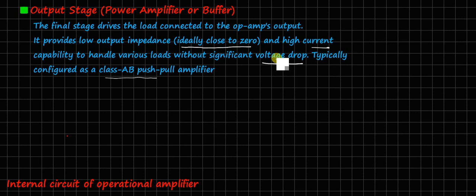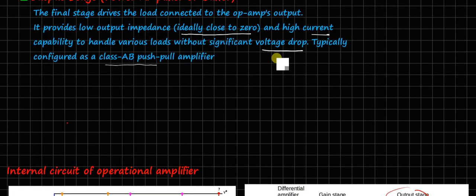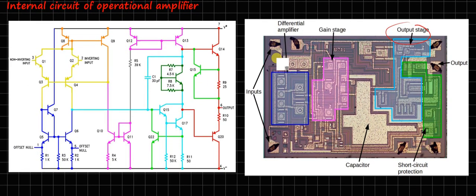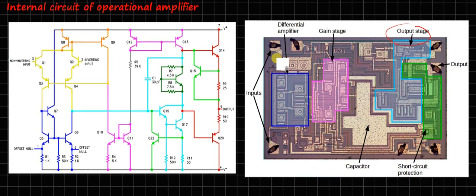And what is behind this IC? Okay, so this is the symbol of the IC we are using here. And the circuit inside the IC is like this. So it consists of bipolar junction transistors.